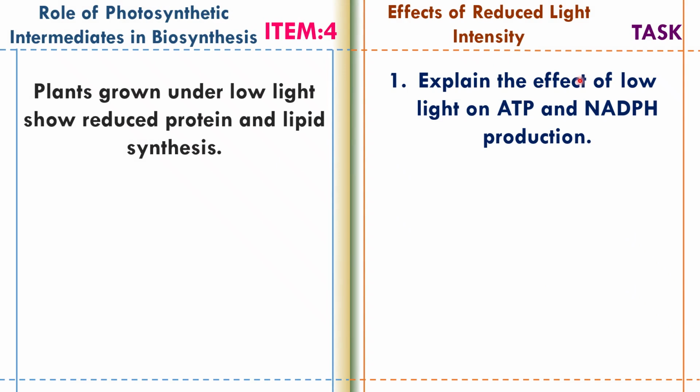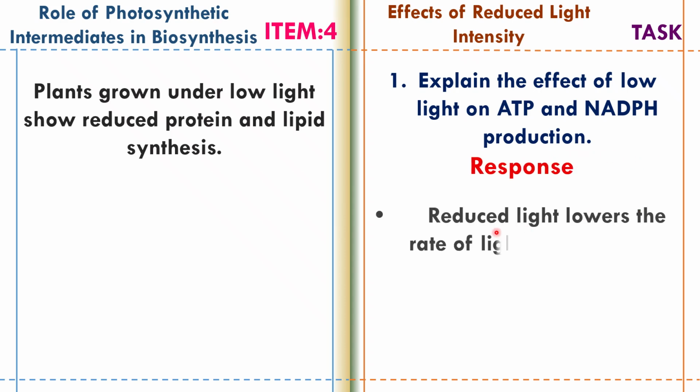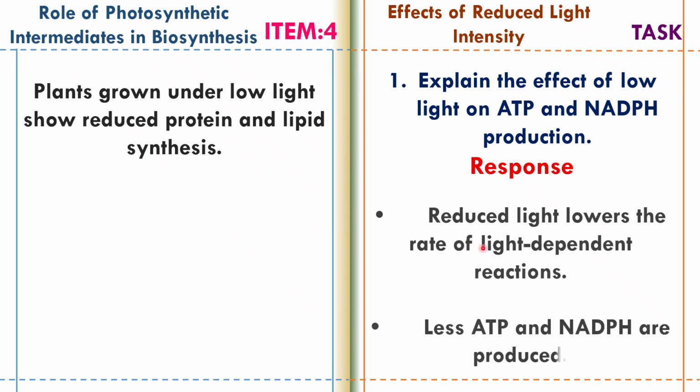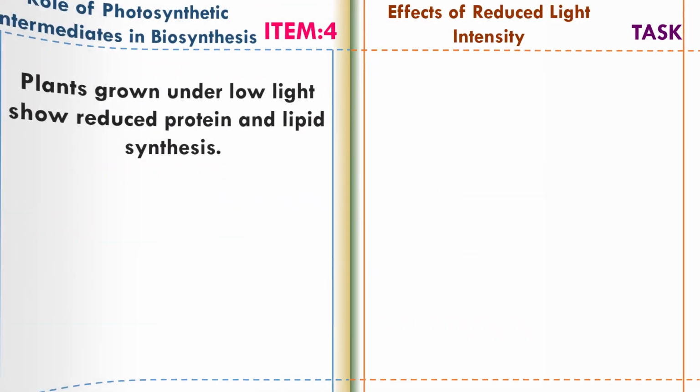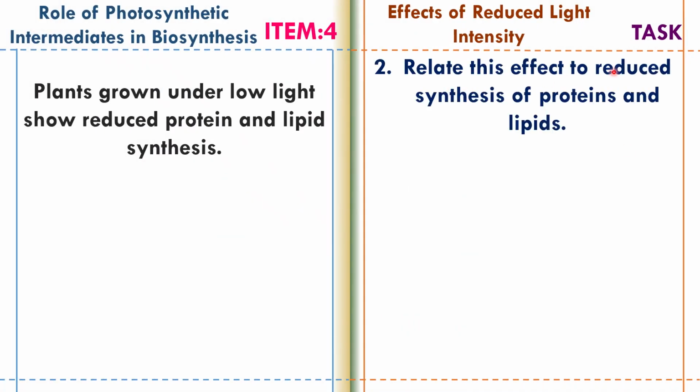Explain the effect of low light on ATP and NADPH production. Reduced light lowers the rate of light-dependent reactions. Less ATP and NADPH are produced. Relate this effect to reduced synthesis of protein and lipids.